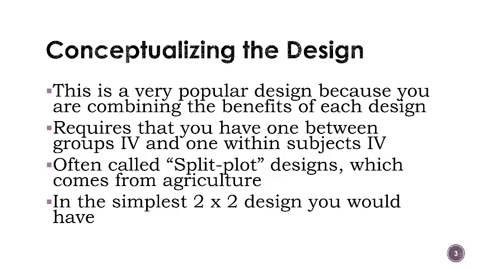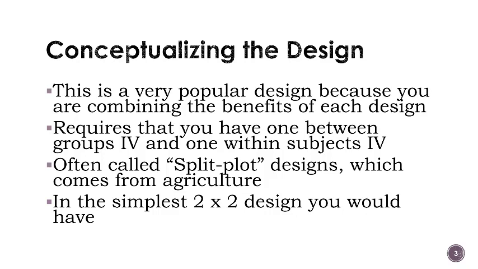It's often called a split plot design, which comes out of agriculture, where they literally take a plot of land and split it up, and then plant different plants or do different types of fertilizer, so that you have the land being the repeated measure part, and then the different treatments being the between groups components. So it literally is like splitting up a plot of land and testing out different things with it. That's where the term split plot design comes from.